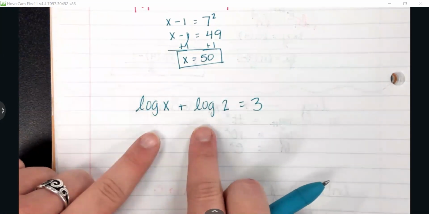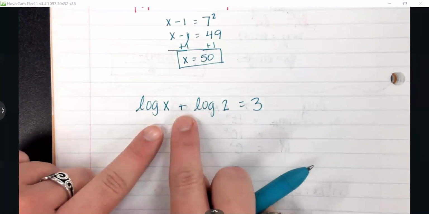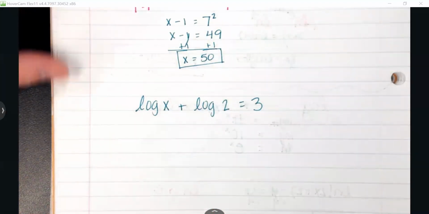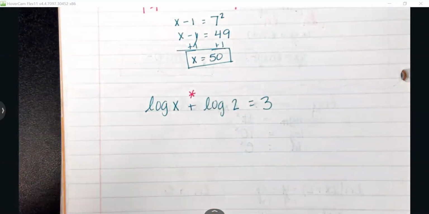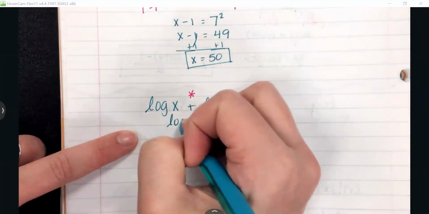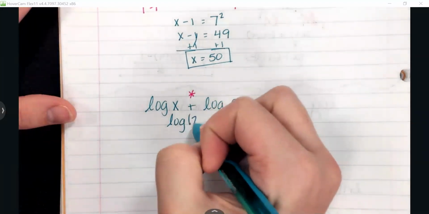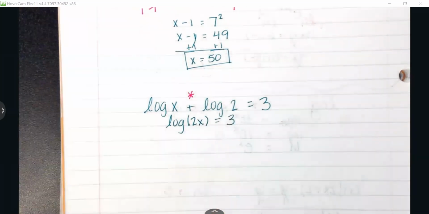So I have to remember my log properties, which was topic 1. What does a plus sign between 2 logs tell me to actually do? To multiply. This is my multiplication. So I'm going to have 1 log. What is x times 2? Would be 2x, and it equals 3.